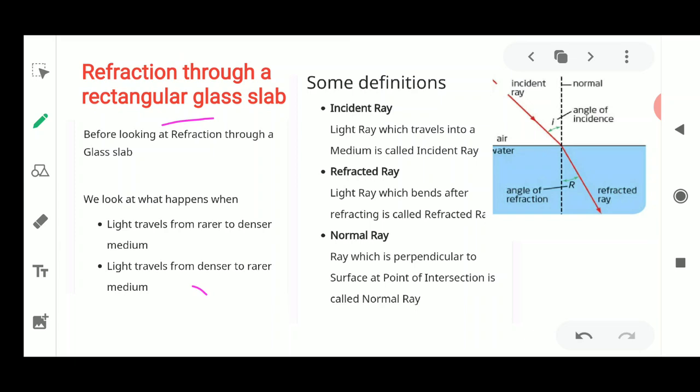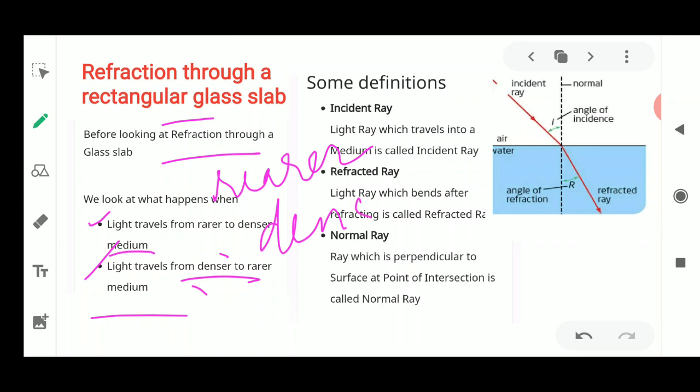Okay, now before looking at the refraction through a rectangular glass slab, we need to know that light travels from a rarer to a denser medium, and light travels from a denser to a rarer medium, and we talked about this rarer medium and the denser medium very nicely. So what does this tell you?